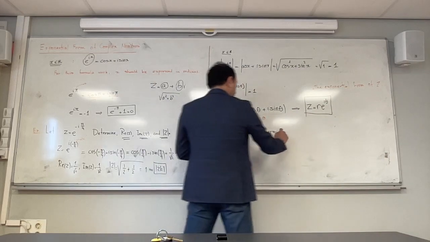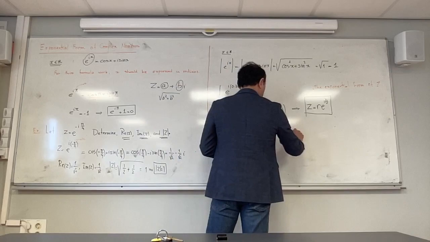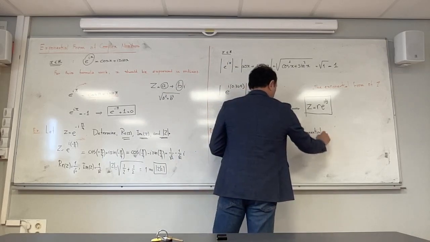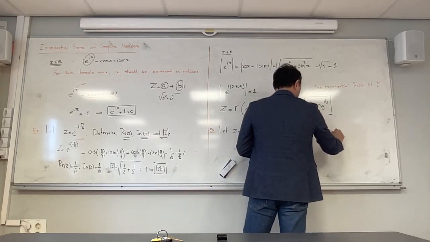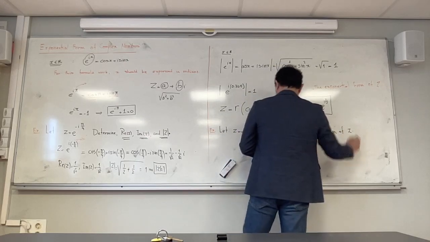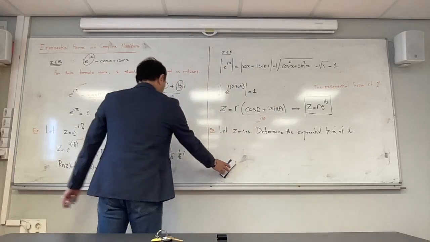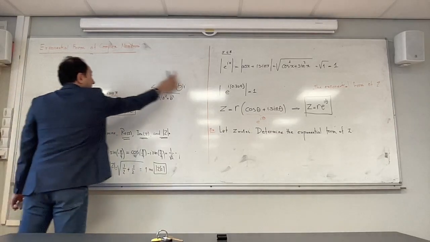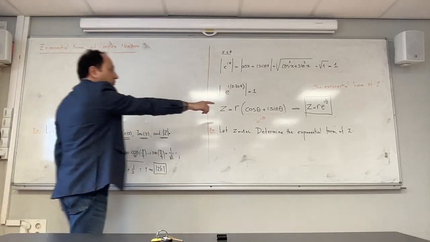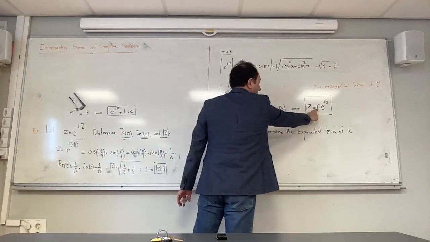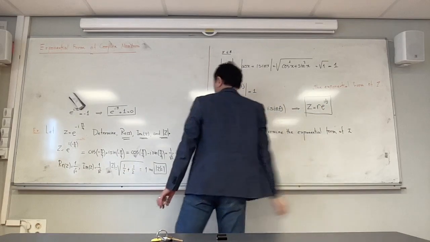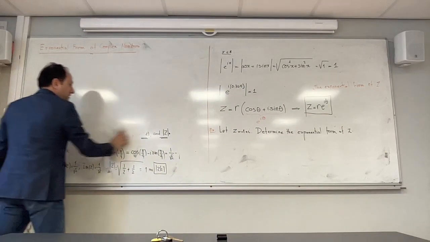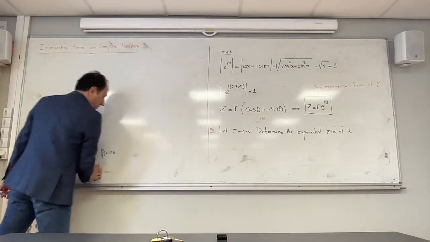So determine the exponential form of z. So you see that for the exponential form, I need r, which is the absolute value, and I need theta, which is the argument. So again, the first parts are exactly the same as if you want to put it in the polar form, yes?